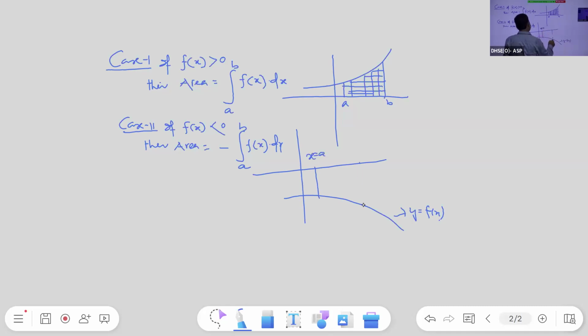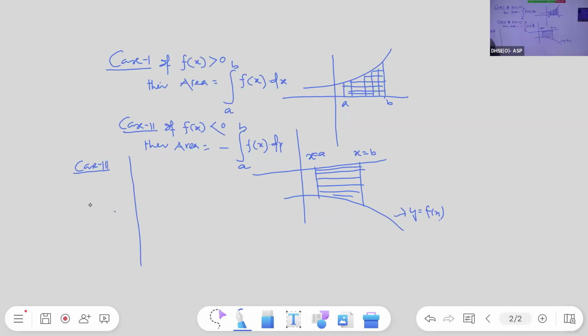Ordinate at x is equal to a, ordinate at x is equal to b. This is second case. If the curve is positive for some values of x and negative for some values of x, that is case 3.